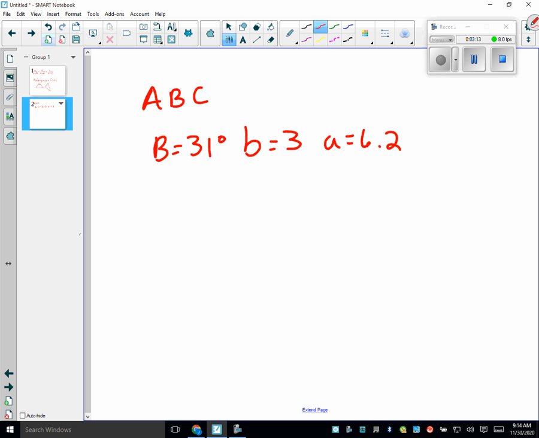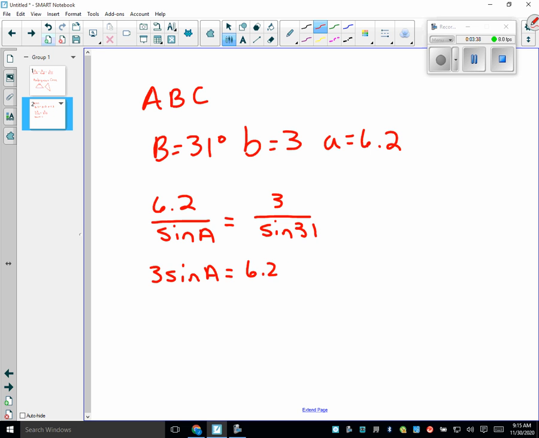So does that mean that 6.2 over the sine of A equals 3 over the sine of 31? Right? Yeah. Cross multiply. So 3 sine of A equals 6.2 sine of 31.